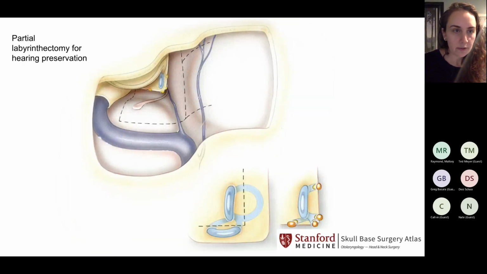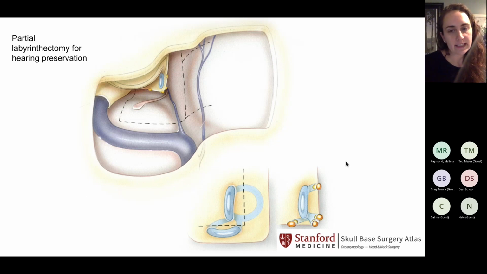There is also what's known as a partial labyrinthectomy. There have been reports of hearing preservation. For this one, the superior canal and posterior canal are only partially taken and plugged with wax. Again, this is an attempt to preserve hearing.